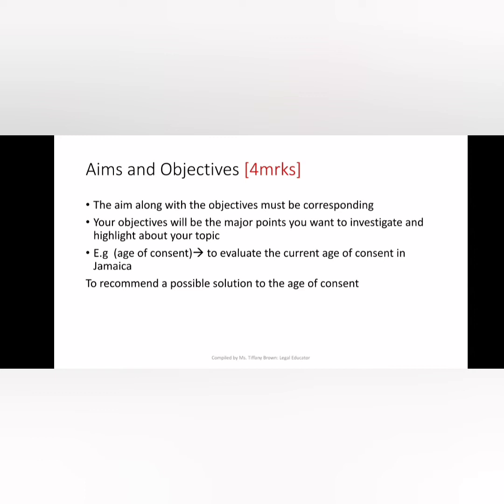So therefore, you need to look at things like to evaluate the current age of consent in Jamaica, or to recommend a possible solution to the age of consent. Use specific objectives such as list, outline, evaluate, recommend. Ensure that your objectives, as the word suggests, are more than 1. So 4 to 5 objectives are good enough.